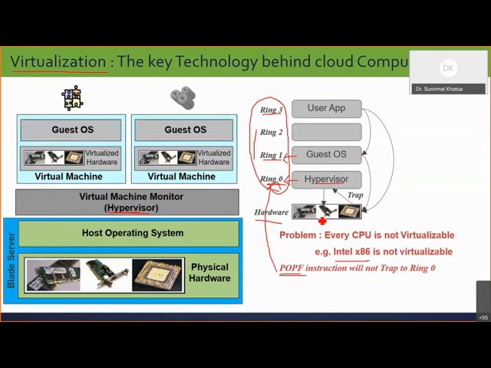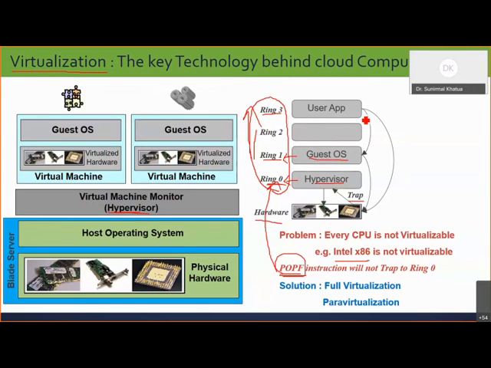So whenever the hardware sees that the POPF instruction is executed from some higher-numbered ring, the hardware simply drops that instruction. It does not send any trap. If the instruction is not trapped, the POPF instruction is not executed. If the POPF instruction is not executed, the guest OS cannot perform the context switch. So most of the x86 Intel processors cannot perform the context switch within the guest operating system. So this simple solution will not work for most of the Intel processors.